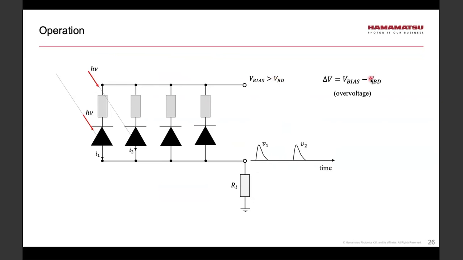That difference between the bias voltage and breakdown voltage is known as overvoltage, which is typically 3, 4, 5 volts for the device. The overvoltage is probably the most important parameter, which affects almost all aspects of the operation, and typically it should not be varied. The manufacturer is going to recommend a given overvoltage for the device.